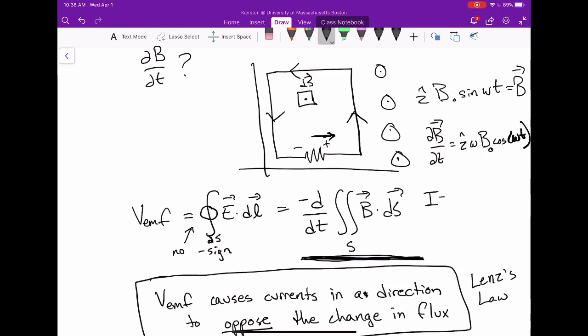And remember that that current is minus a squared omega B naught cosine omega t over R. So our current is opposing the direction of the change in magnetic flux. And we're using the right-hand rule to check that.